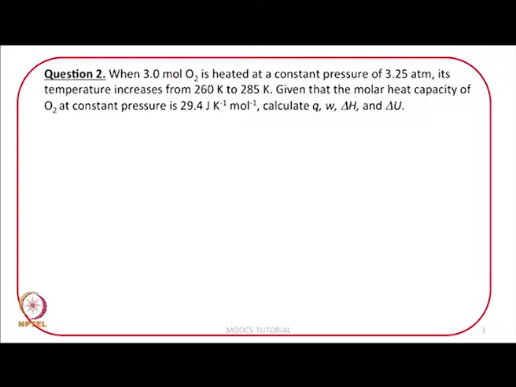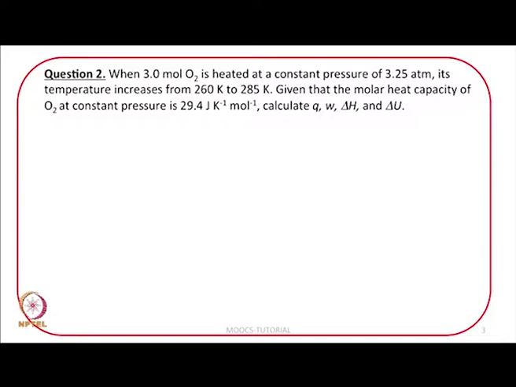Now, it is a question when the pressure is held constant. When 3 mole of oxygen is heated at a constant pressure of 3.25 atmosphere, its temperature increases from 260 Kelvin to 285 Kelvin.